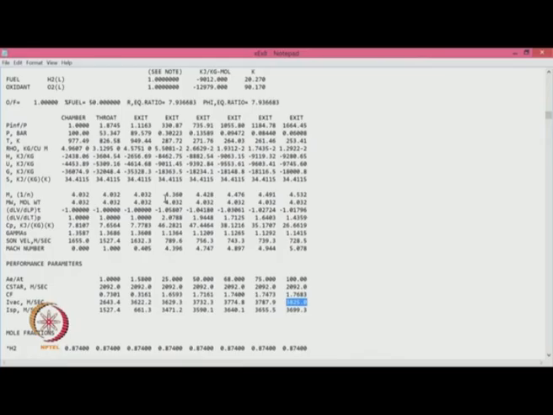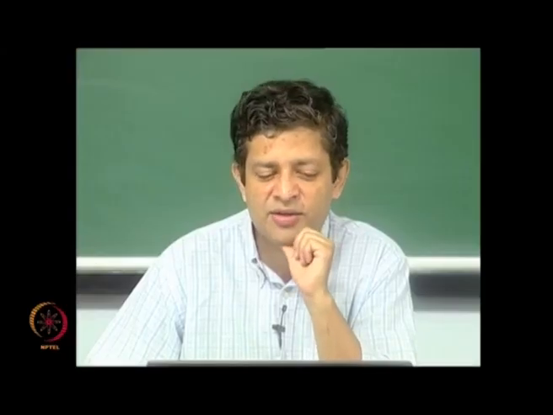Although the molecular weight in this case, because the O by F is 1, we need a higher O by F to completely burn it. O by F of 8 is required.